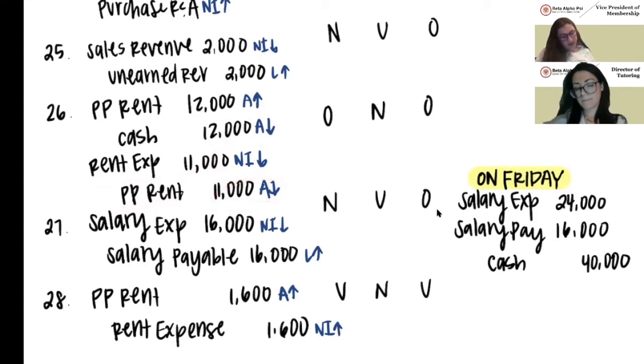So now looking at our assets, they should have been increased by 12, but decreased by 12, so those kind of cancel each other out. But they should also have been decreased by 11. So assets are overstated. None of these accounts affect our liabilities, so there's no effect on our liabilities. Net income should have been decreased by this rent expense. Expenses decrease our net income, so our net income is overstated.